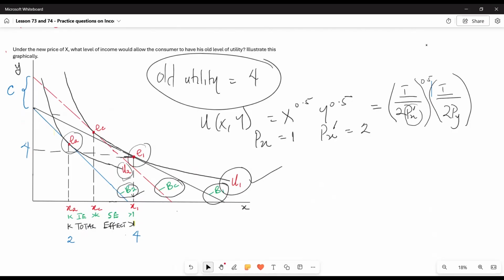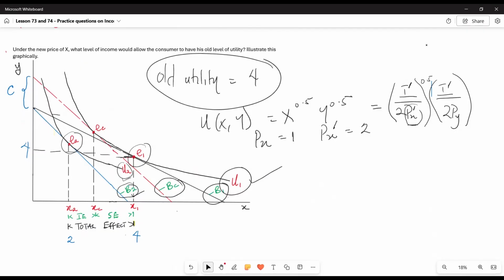If we want to keep Ella on 4 utils of utility, then we need to adjust the income. So our income here is going to be I prime, which indicates that we need a new income to keep Ella on the old utility given the new price.